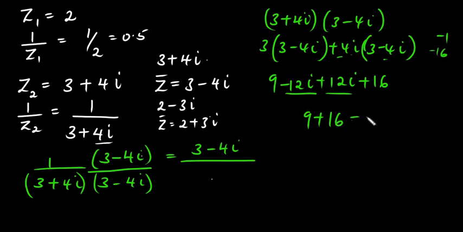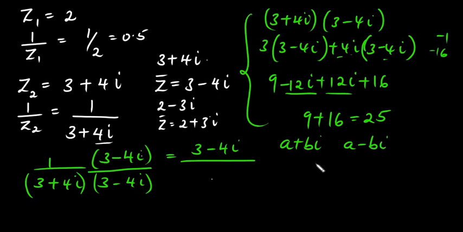which will be 25. So this means that to multiply a number by its conjugate, for example 3 plus 4i times 3 minus 4i, we don't need to work out all of this. If we have a complex number a plus bi and we multiply it by its conjugate, a minus bi, the value will just be a squared plus b squared.